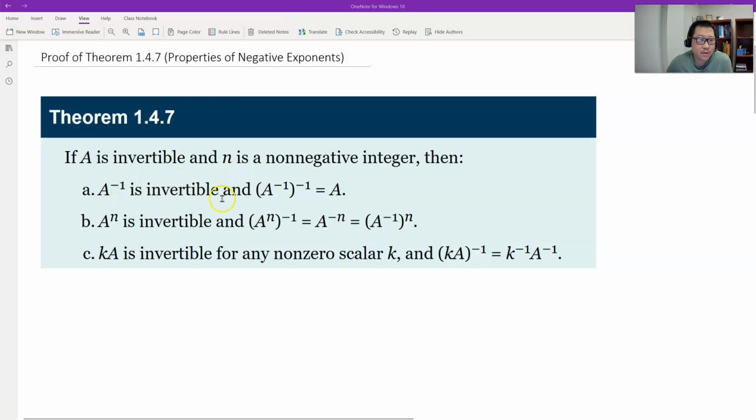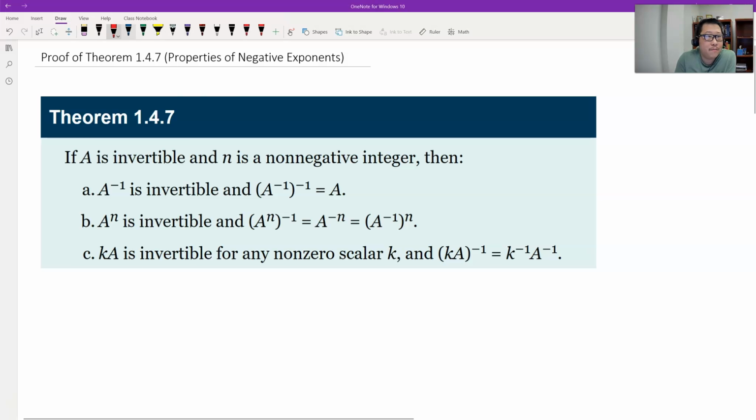The first result says the inverse of A is also invertible, and the inverse of the inverse of A is back to the original. It's quite obvious, but you have to prove it. It's similar to the power rule of exponents: the negative one power is the inverse.